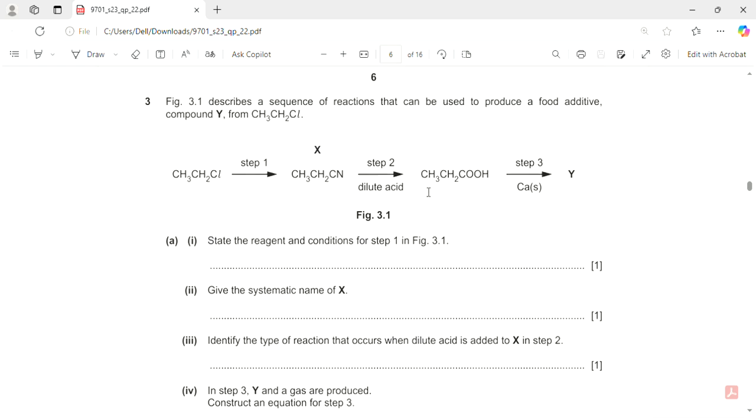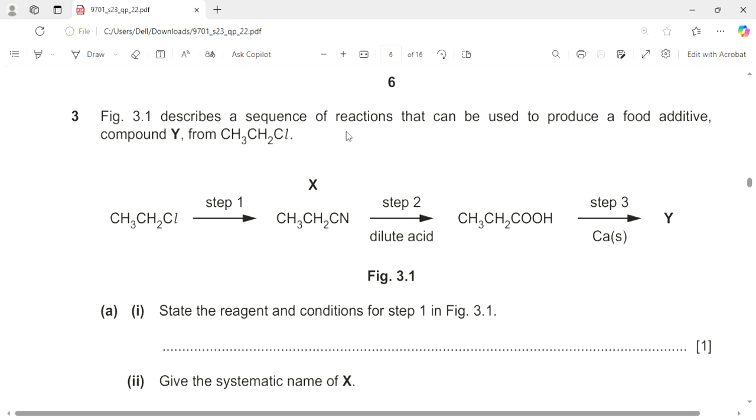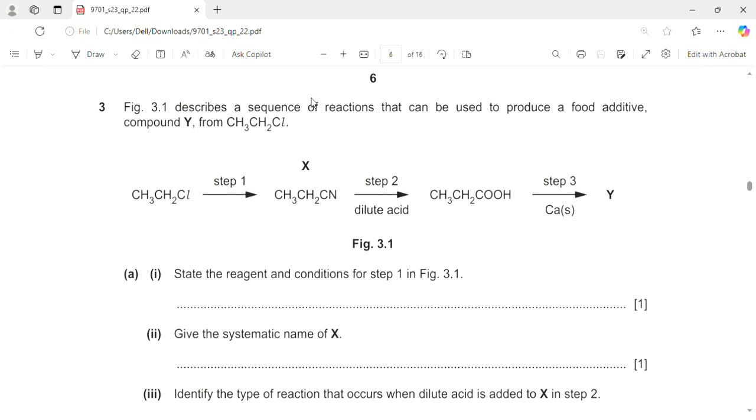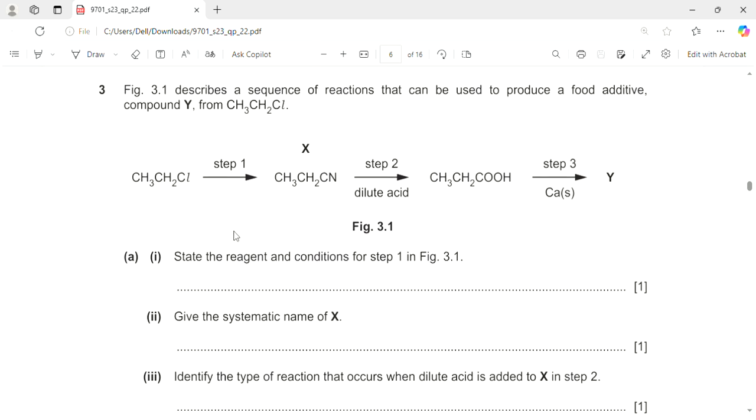Here is step one. There is a nitrile group instead of the chlorine. So, state the reagents and conditions for step one.